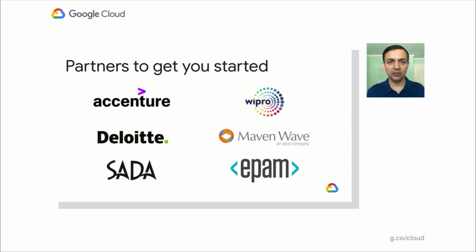And you may also need some help with the setup and management on individual data sets that you want to enable Data QnA on. We have partnered with some key Google Cloud partners to help you get started. Please do reach out to them if you are working with these to get started with Data QnA.